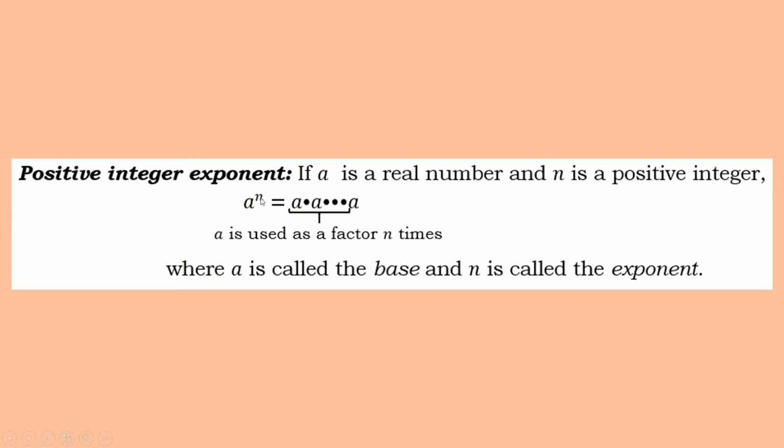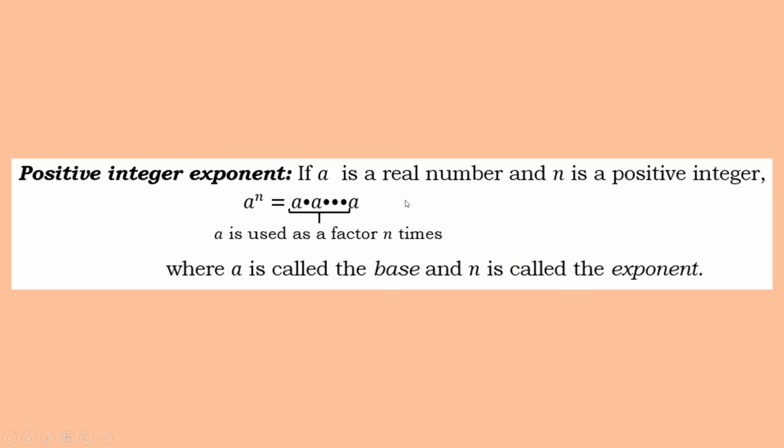Kunwari, 5, so a times a times a times a times a up to 5. So, where a is called the base, and n is called the exponent. So, kung say value sa imong n diri, mao po na siya kung kapila nimo i-times imuhang base.